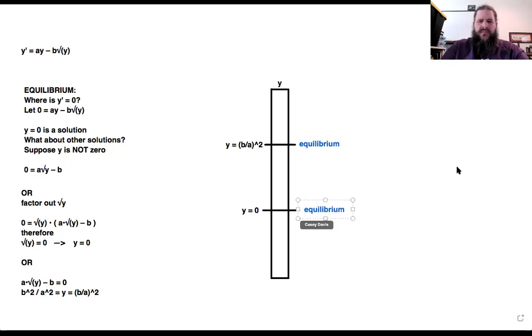So first of all, we can check the value of y prime in the in-between regions. We know at these two points, y prime is going to be 0. But everywhere else, y prime is going to be either positive or negative. So let's check that. In the region, let's say the region below 0, if you plug in a value below 0 for y, what happens?